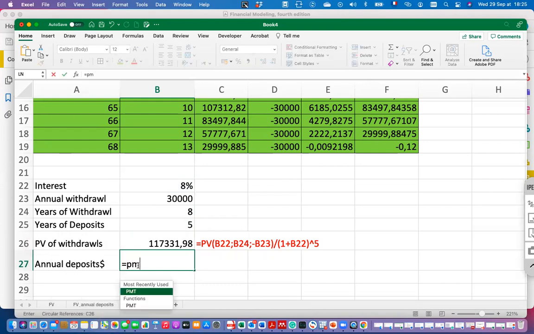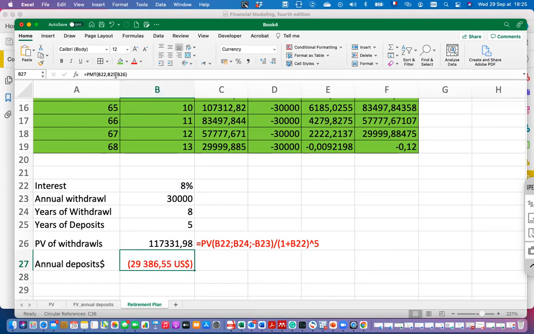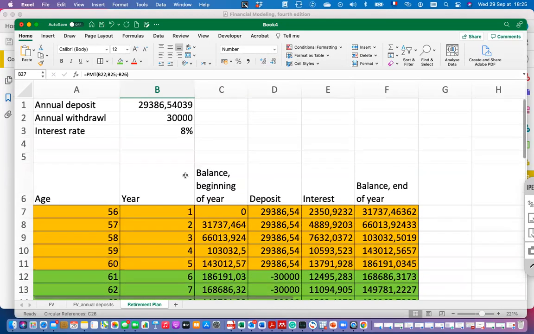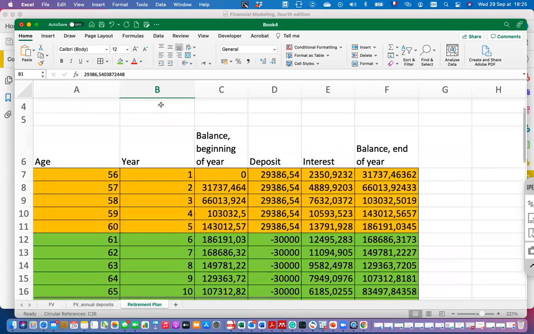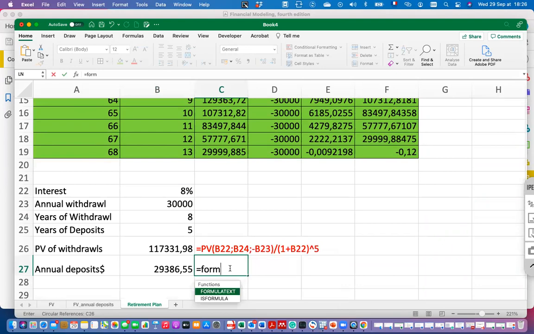So we'll use the PMT function, rate 8%, periods of deposit 5, and the PV, which is the present value we have just computed. Once again, I have to add the minus sign for the PV, and I get 29,386.55, which is the same one here. See, we got the same one.